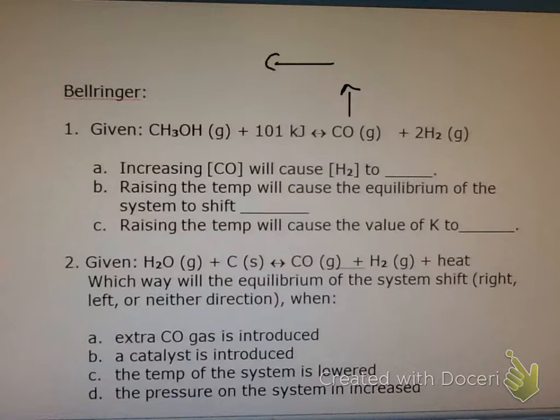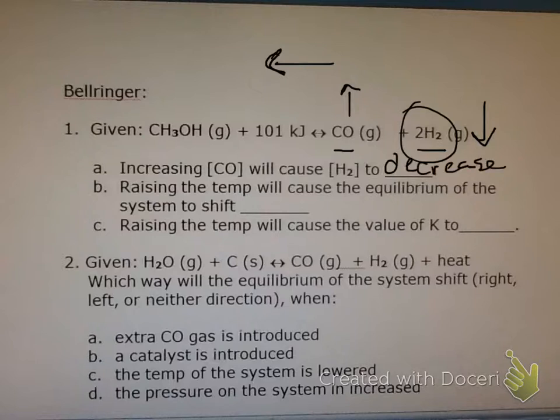So the reverse reaction would be favored. So that means I've got CO and H2 combining to produce more products. That means that the concentration of H2 is going to go down. More of it is going to be used up with the additional CO to form that CH3OH. So the concentration of H2 would decrease.